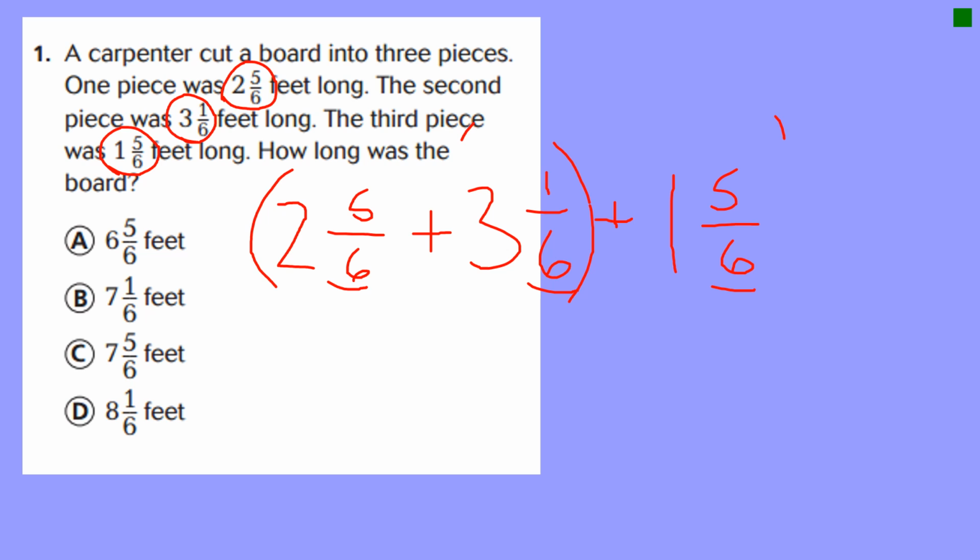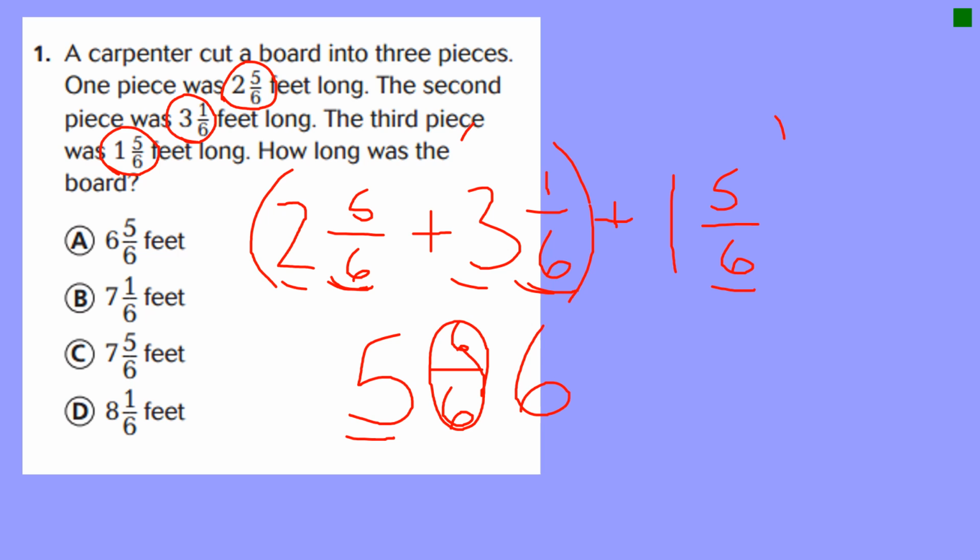That's nice. So 5/6 plus 1/6. Yay for 6/6, which is the same as 1. 2 plus 3 is 5. 5 plus 1 more, 6. So we're not going to deal with 5 and 6, we're just going to call it whole number 6. We love whole numbers.